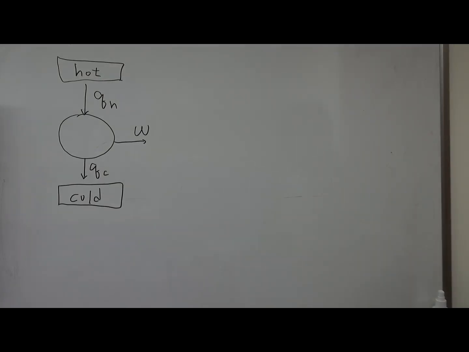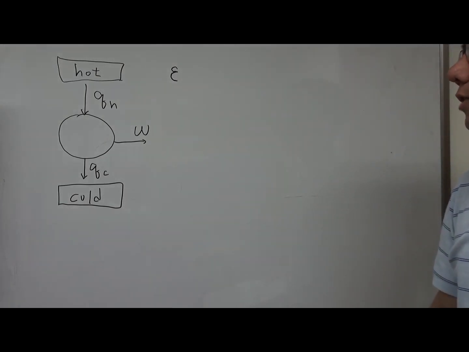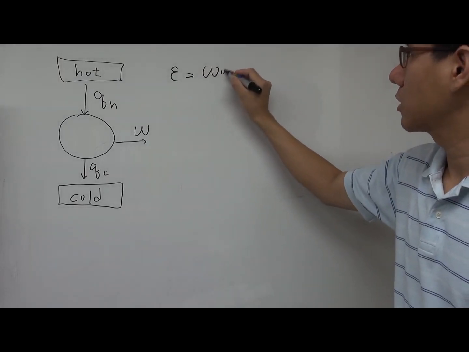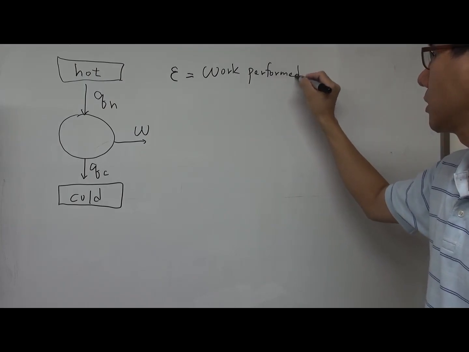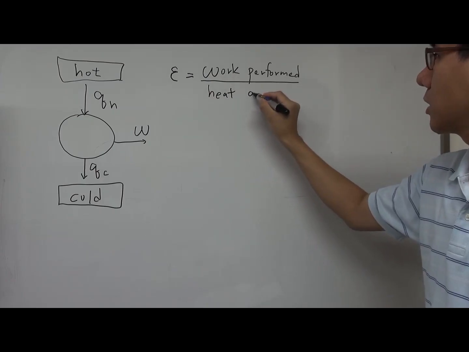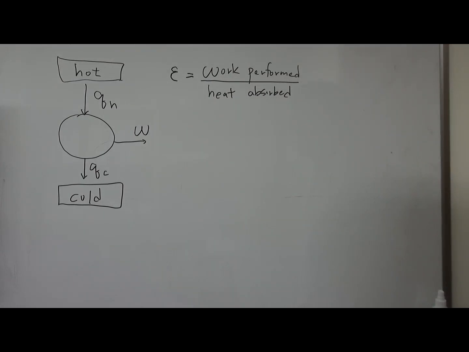Okay. So since this is an engine, we define the efficiency, denoted as epsilon, of a heat engine as work performed over heat absorbed. Okay, so there could be various types of heat engines.